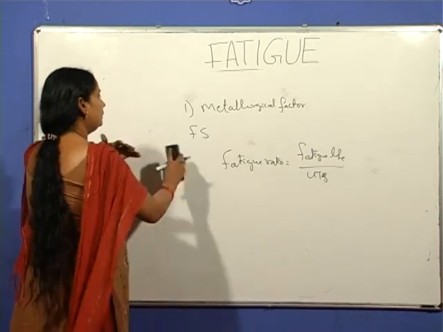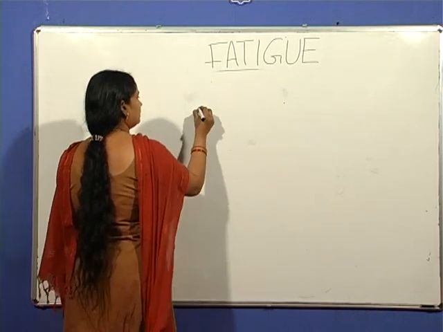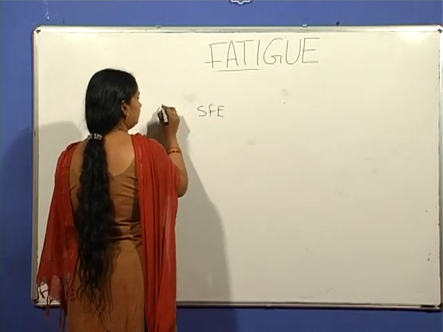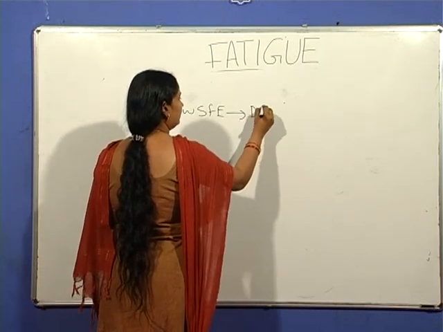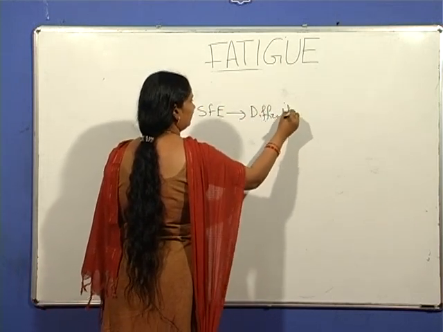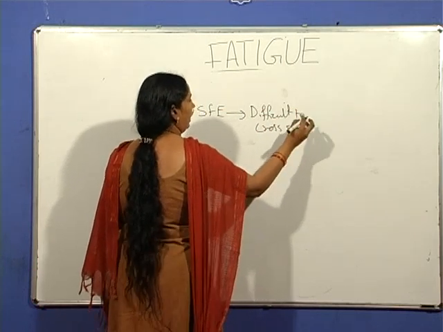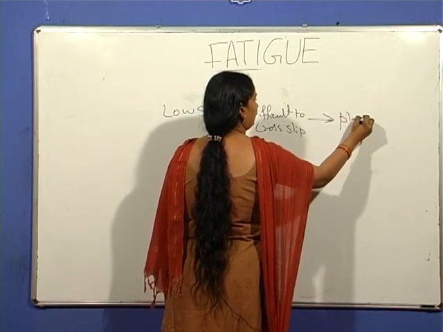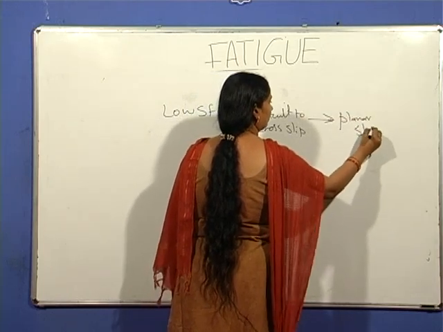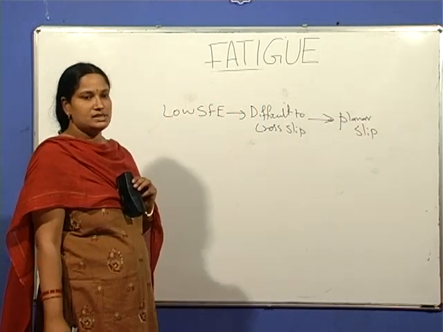This can be simply given as: low stacking fault energy metals, difficult to cross slip, and then the slip is planar, where the fatigue resistance is high.